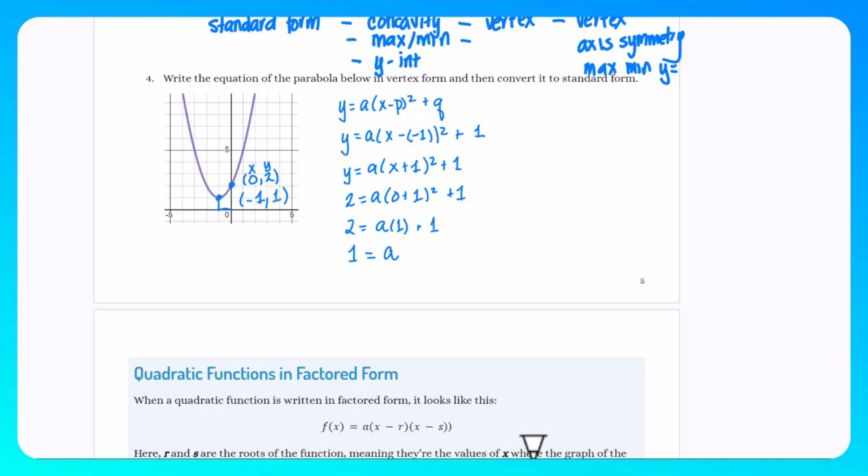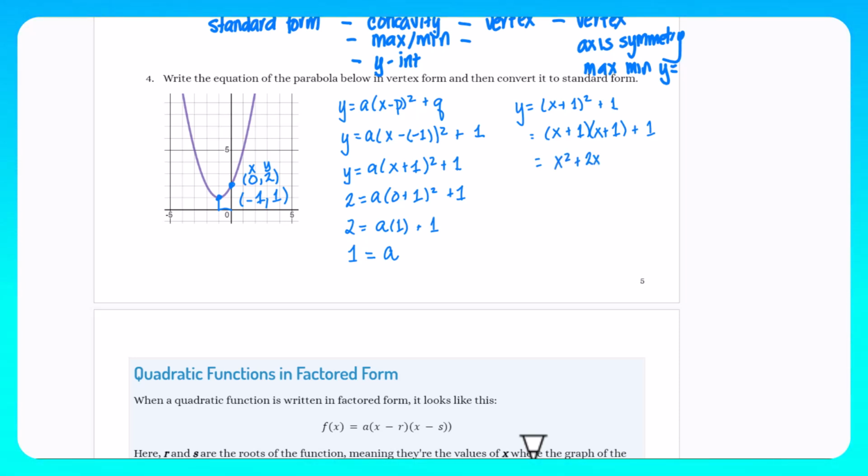This means that the equation in vertex form is y equals 1, we won't write it there, times (x plus 1) squared plus 1. And let's expand that out. We get (x plus 1) times (x plus 1) plus 1. Lots of 1s. And we get x squared.